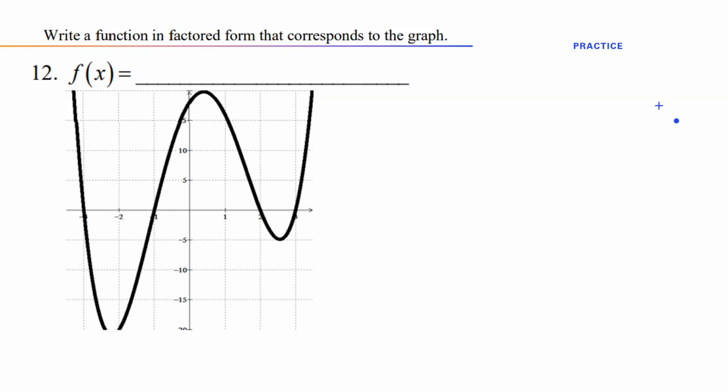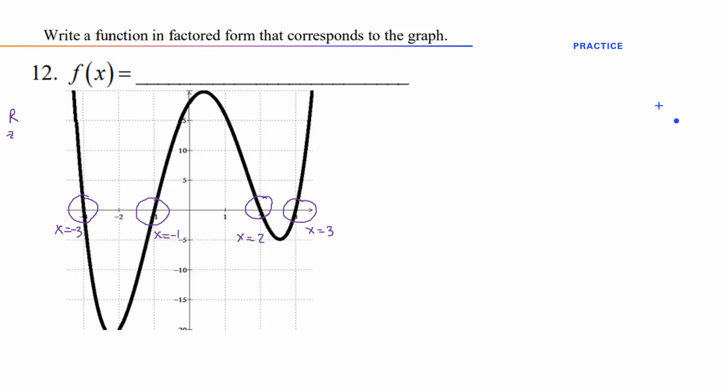So similar for these questions, we find the roots first. x equals negative 3, x equals negative 1, x equals 2, x equals 3.